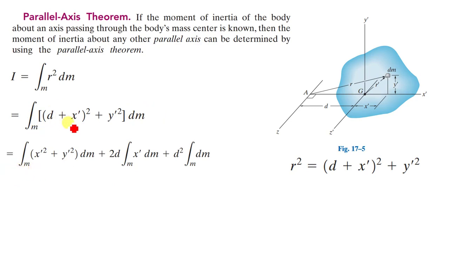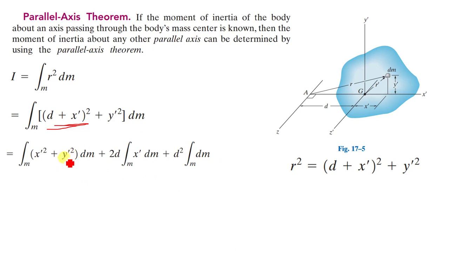So when you're integrating, you can first expand this part. When you expand it, you are going to have this. You also have 2d x prime, but since we are integrating this with respect to m, you only get x there. Then you have d squared, and then you write your dm that side.